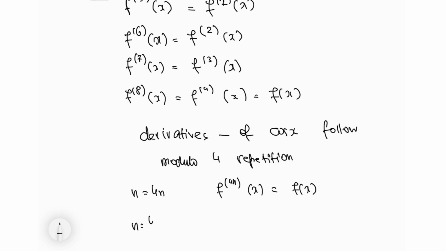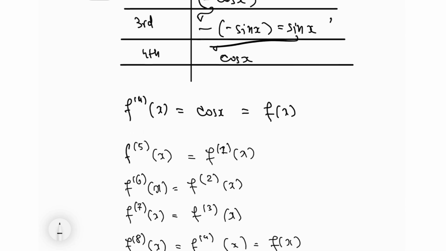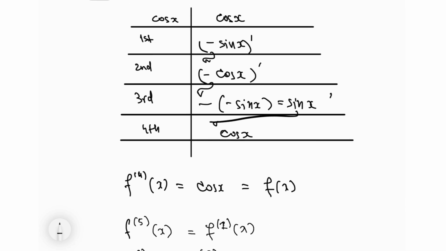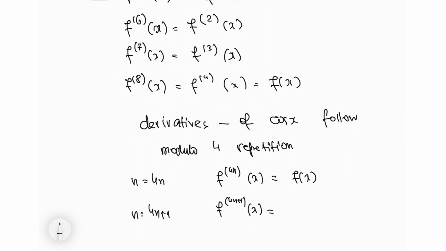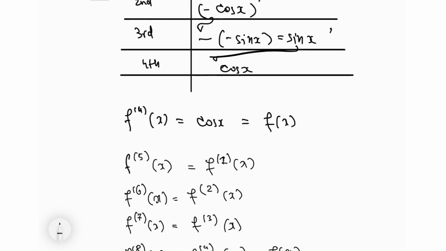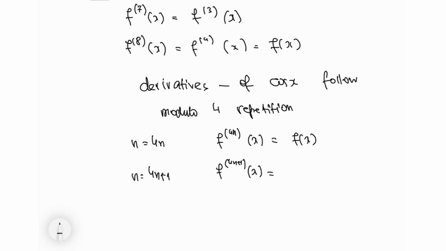If it is 4n plus 1, then it is the first derivative, minus sine x.